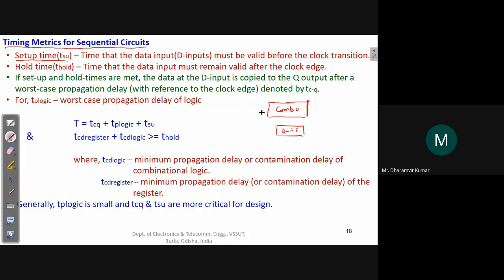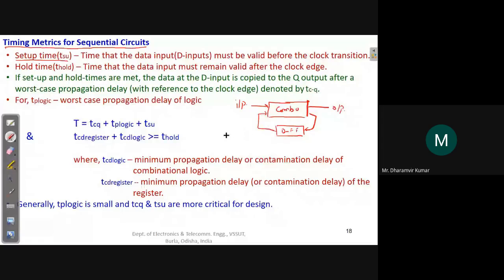This is the input, and this is connected like this, and this is the output. Just keep this diagram in mind. So setup time is the time that the data input, the D input, referring to this D flip flop, must be valid before the clock transition.